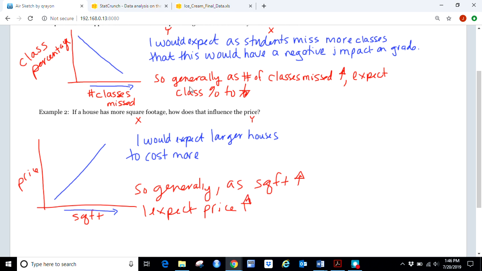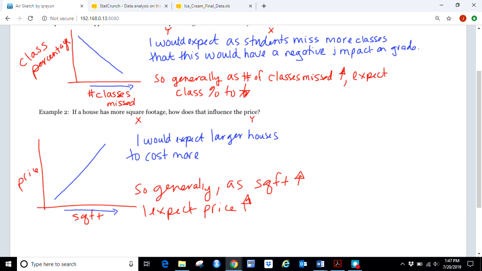Now a little note, the reason why I use the word generally here is these are patterns I expect to see, it doesn't mean it's going to be true for every 2 points I compare. So for example, down here, if I have 2 houses and one happens to have more square footage than the other, that's not a guarantee that that house will cost more than the other house. Right?